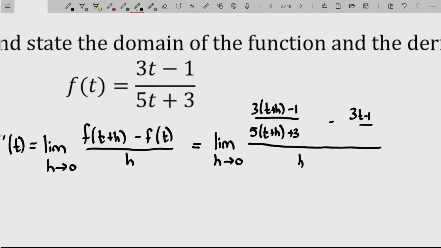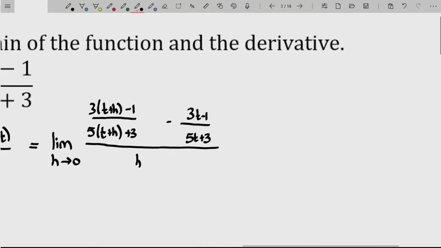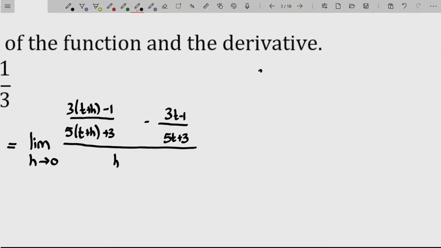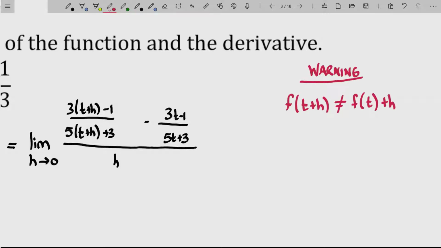I do want to again mention, because I'm seeing this as I'm grading things in my courses, and I've seen this for years as well, that students still make the mistake. Actually, I'll write this in red because it's a warning. f of t plus h is not f of t and then plus h.